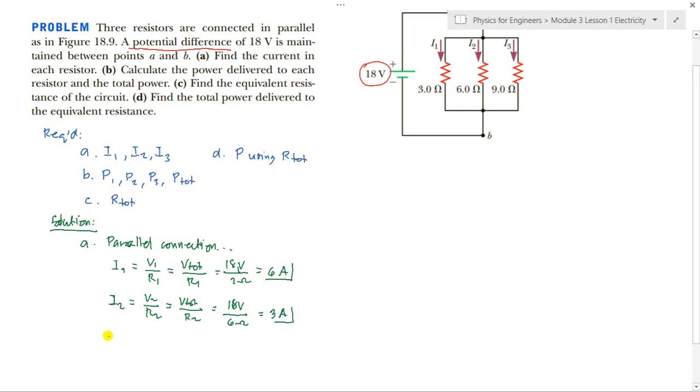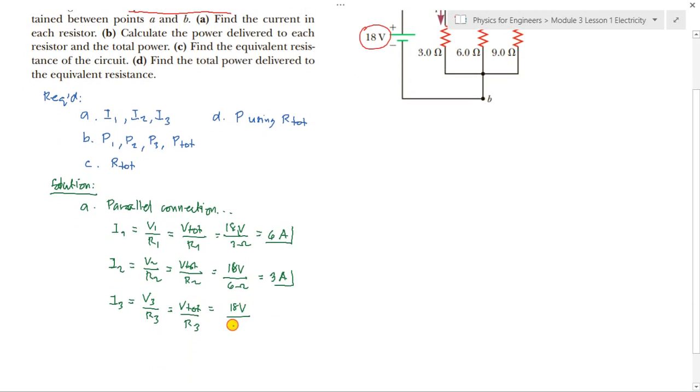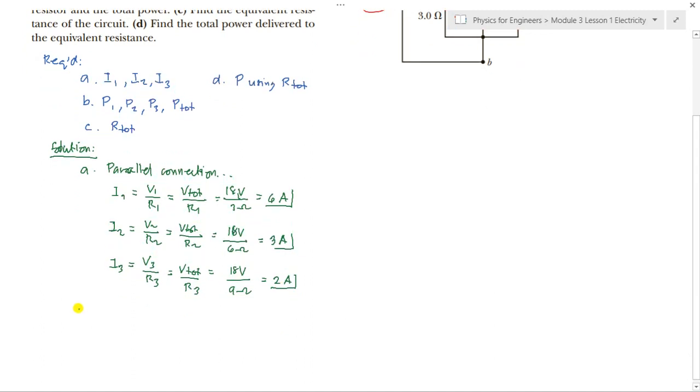The next is I3, that is V3 over R3, and here V3 is the same as V2 and the V total. So 18 volts divided by R3, which is 9 ohms, is 2 amperes. So we now have I1, I2, and I3, and this is for letter A.